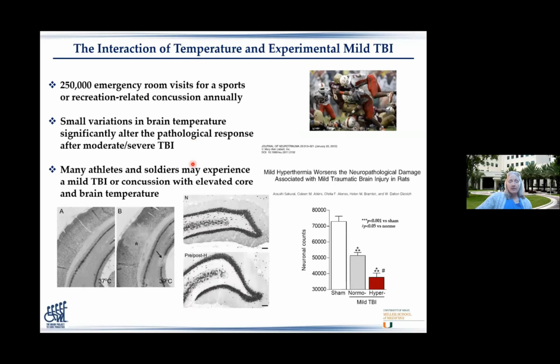Many athletes and soldiers may experience a mild TBI concussion with elevated core and brain temperature. We did a study with Dr. Sakurai, who was a postdoc in the lab, showing that mild hyperthermia after mild TBI worsened neuropathological damage. This graph shows a decrease in normal neurons in the cortex with hyperthermia compared to normothermia.